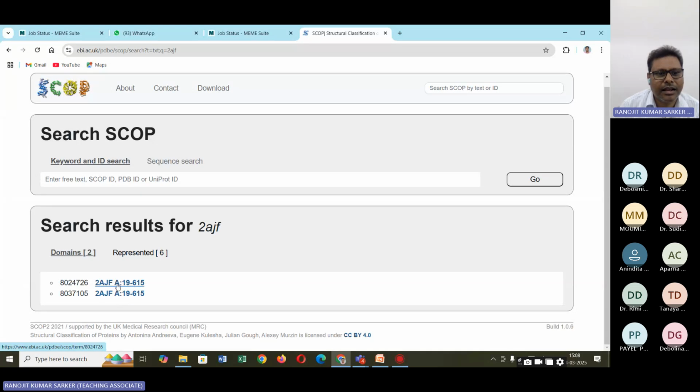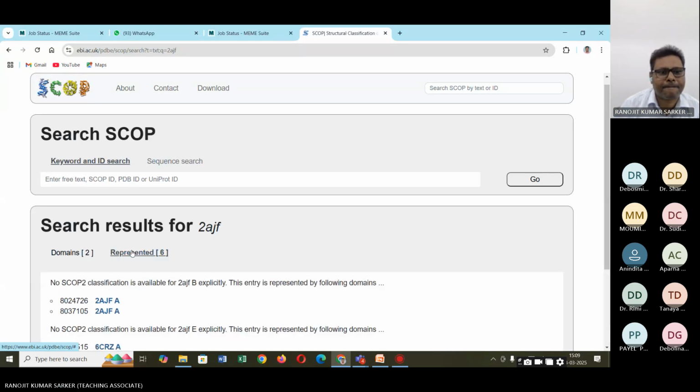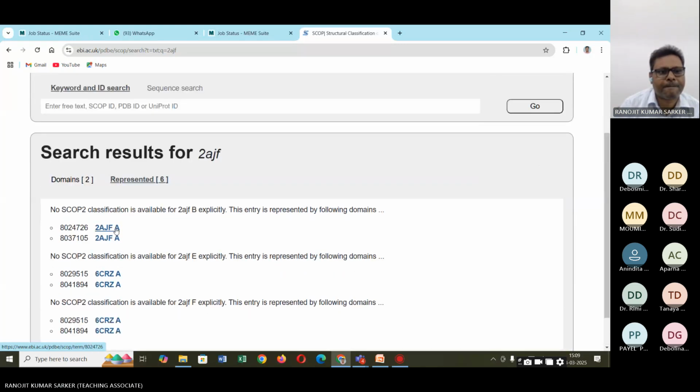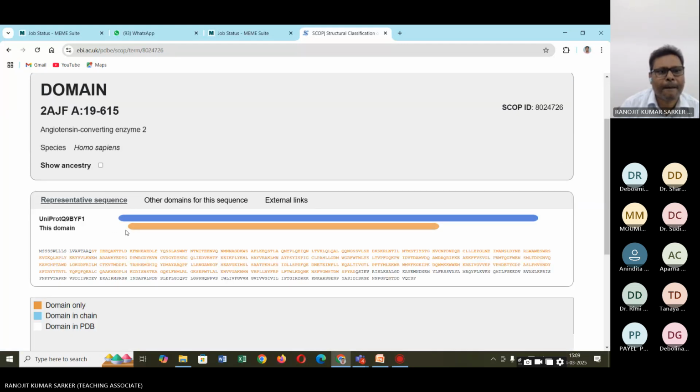This is chain A, and we have two domains. Let's see this one. What is the source species? The source species is Homo sapiens.